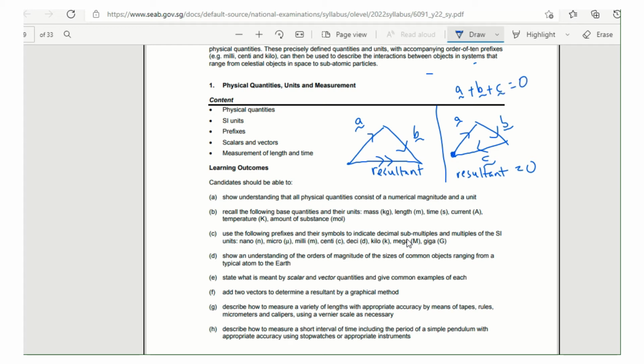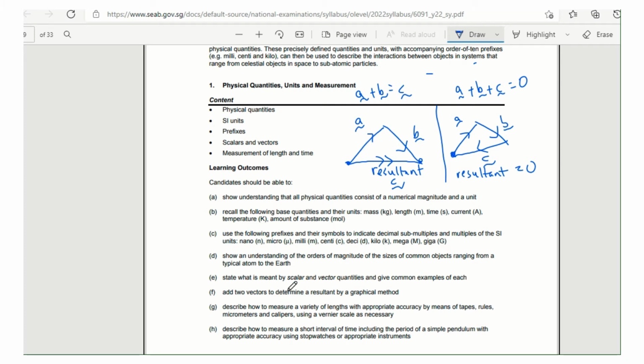But for this triangle here, I start at A, I end at B, and this is the resultant, which I label as C. So you need to be able to add the two vectors, and usually to do so we draw a triangle.